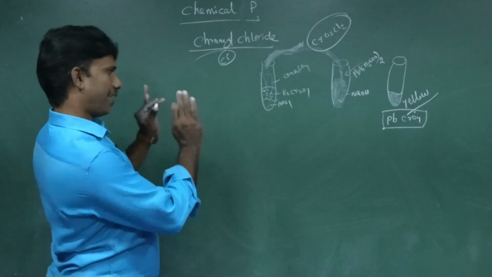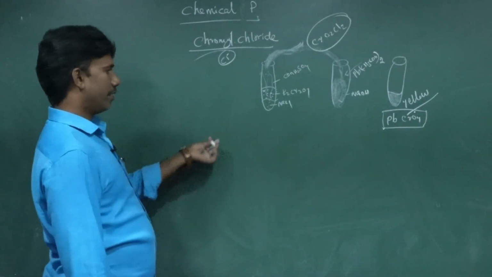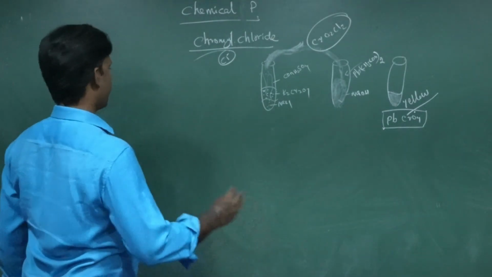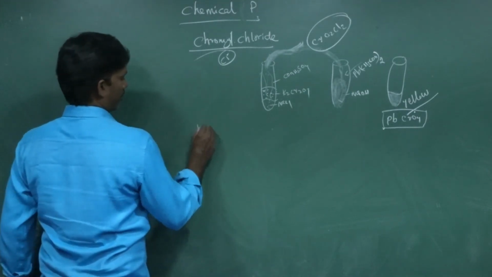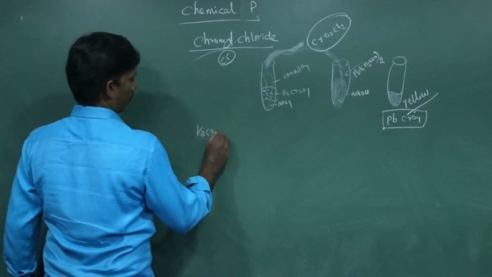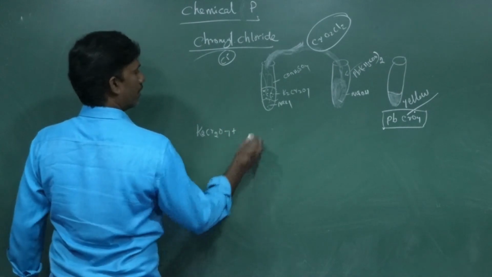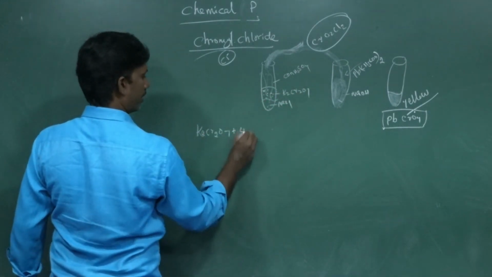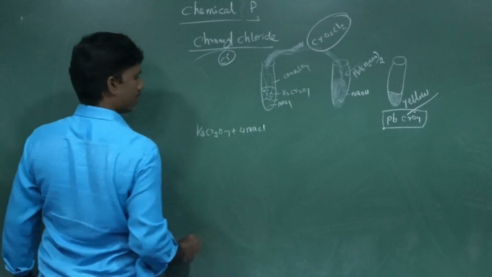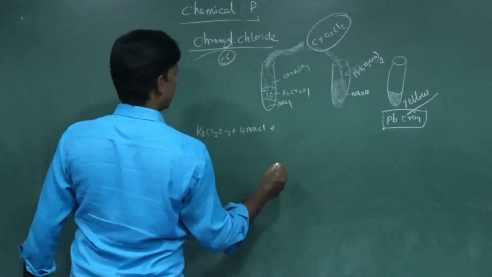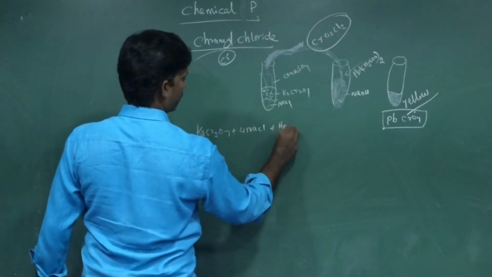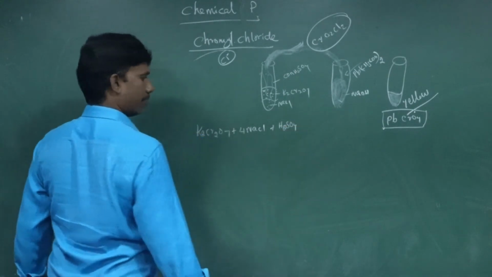So this is a practical view. What are the chemical equations for this? That we are going to write down. So potassium dichromate, K2Cr2O7, then a chloride salt. I am taking 4 times NaCl, then sulfuric acid, H2SO4.